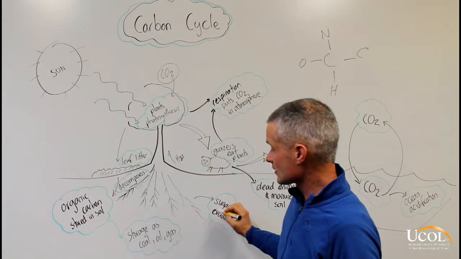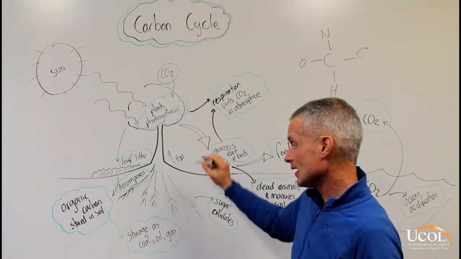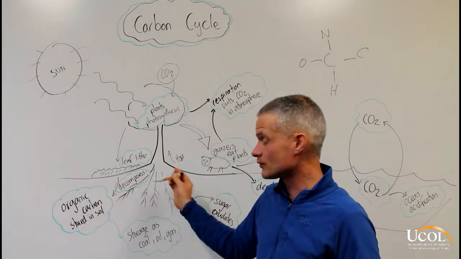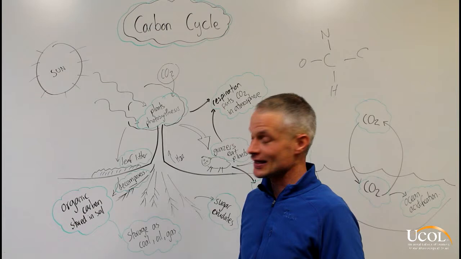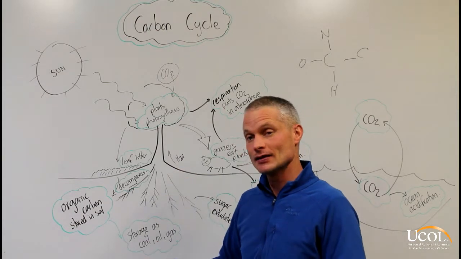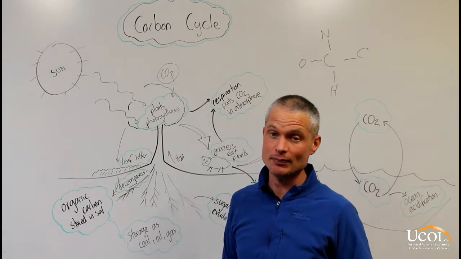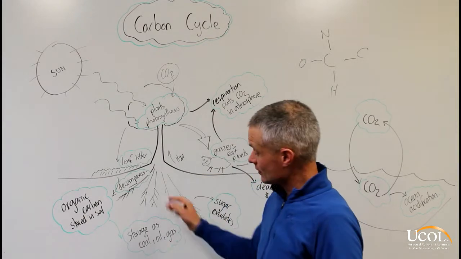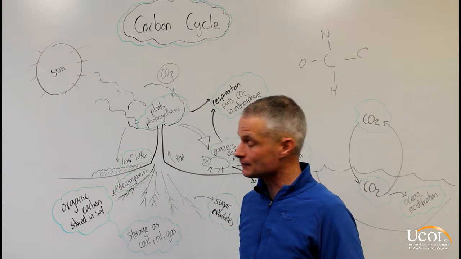And then those sugars can be fed through their roots to the soil biology. So it's a food source for the soil biology, and that soil biology in return provides nutrients and minerals to the plants. So it's a mutually beneficial exchange between the soil organisms and the plants.